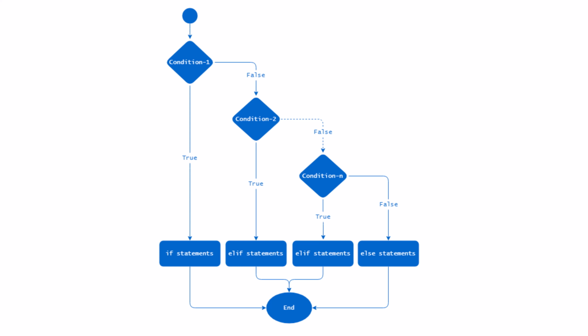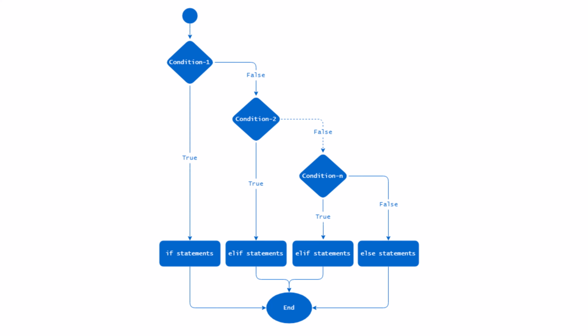Likewise, if condition 2 is false, then it will check another condition present in elif, and if that is true, it will execute that block and go to the end, and if that is false, it will go to the else part.